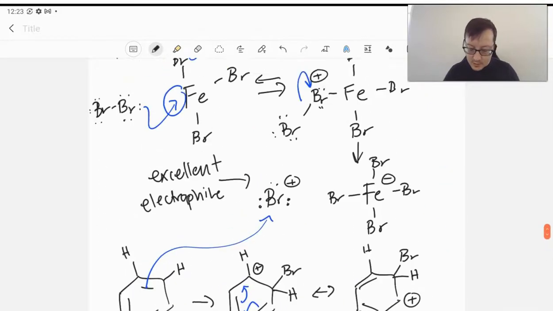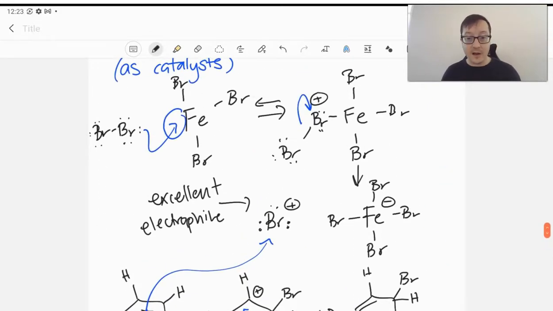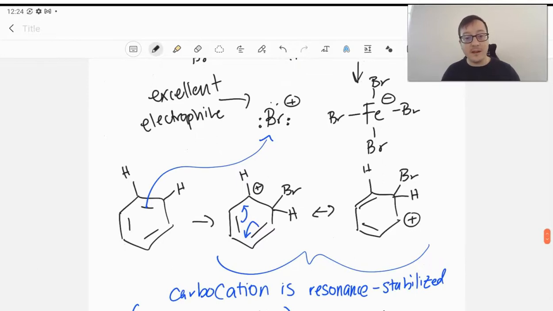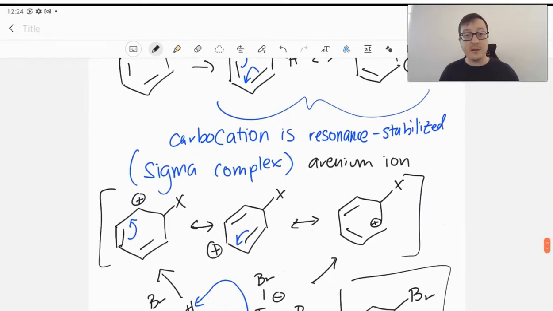So let's recap this mechanism. First, we form our electrophile. That's that Br+. It's only got 6 electrons, so it's just aching to complete its octet, and benzene can do so by attacking it. By attacking that bromine, it's now going to satisfy the bromine, but we're left with the carbocation on the benzene. That carbocation can undergo a series of resonance steps to stabilize itself, to delocalize.